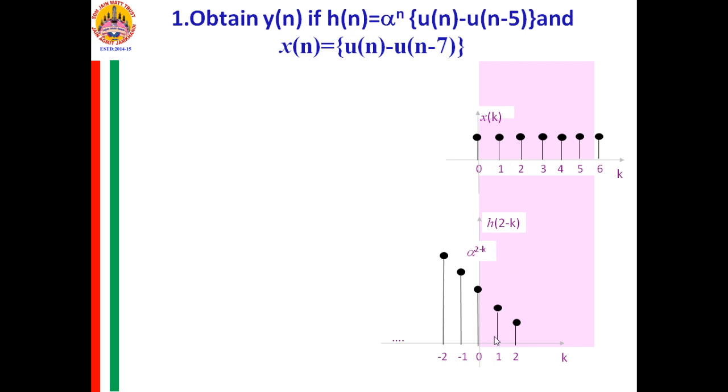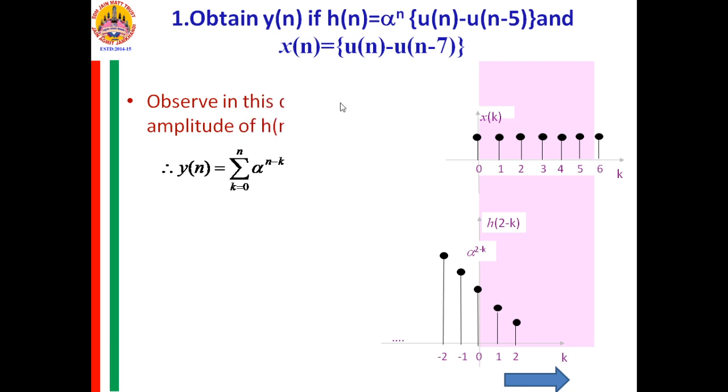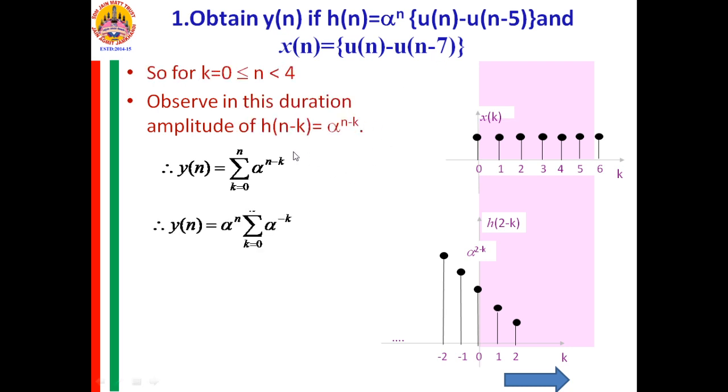So the first region, let me write this, where k is in between 0 to 4, y[n] is equal to summation k from 0 to n of alpha raised to n minus k. x[k]'s amplitude is 1. So this is alpha raised to n minus k. Alpha raised to n you take outside, and the closed form of expression for this alpha raised to minus k, you will get it as 1 minus alpha raised to minus n minus 1 upon 1 minus alpha inverse.